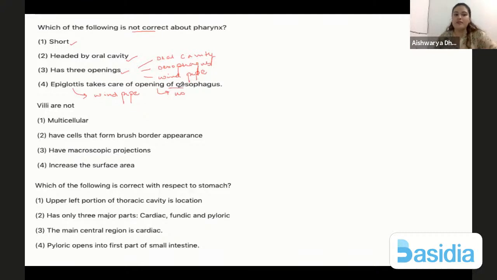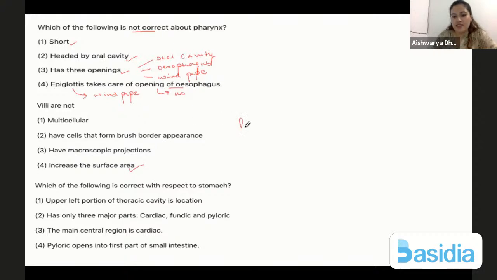Okay. Next question. Villi are not multicellular, have cells that form brush border appearance, have macroscopic projections, and increase the surface area. So villi, we know they increase the surface area. This is correct.